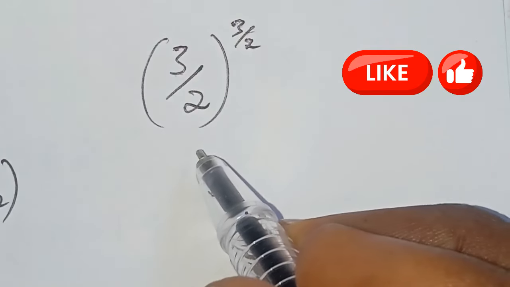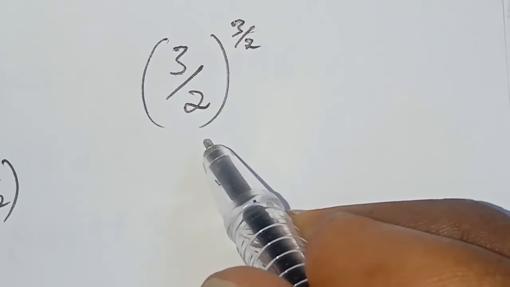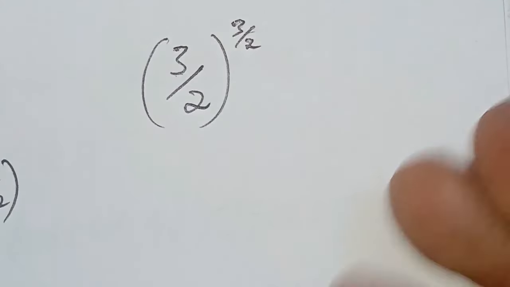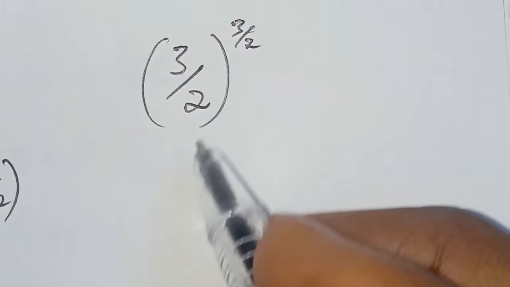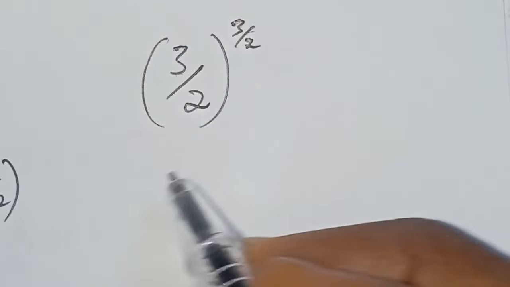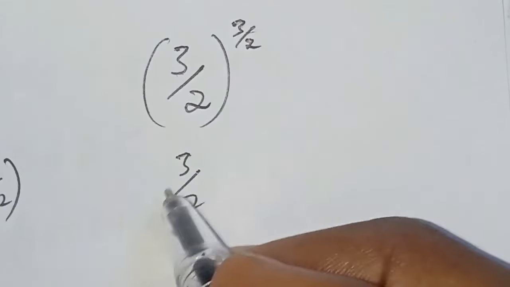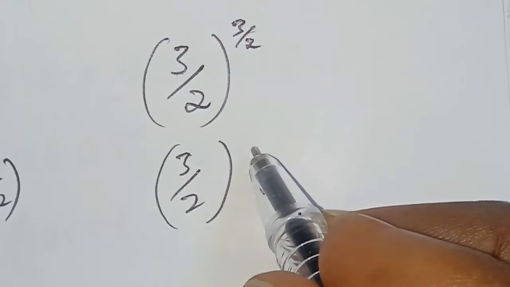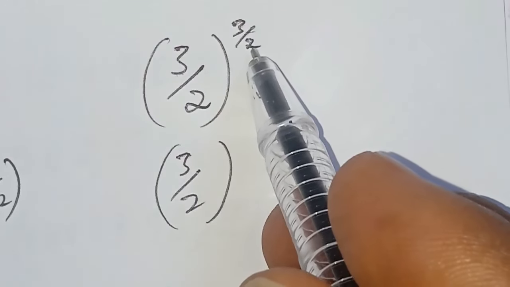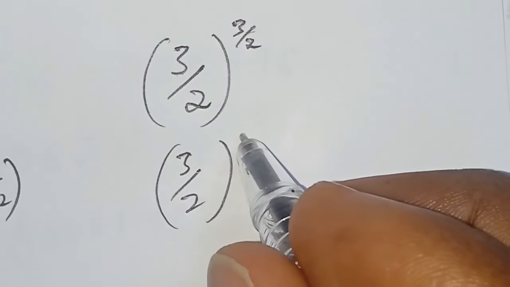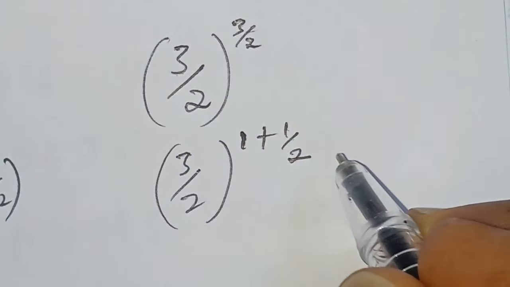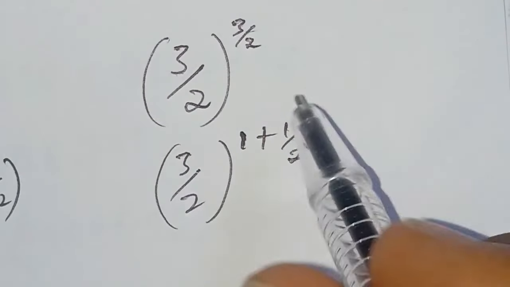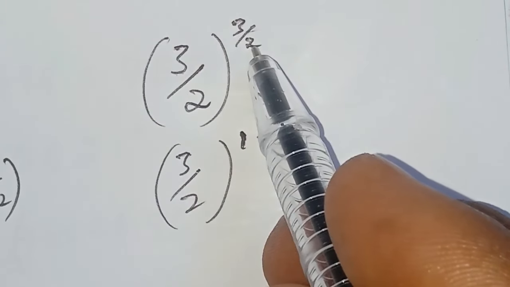Using the shortcut method, we are going to use the approach of splitting the exponent. If we split the power, we have 3 over 2 in brackets, and this 3 over 2 can be expressed as 1 plus 1 over 2. So this will give us back this fraction.